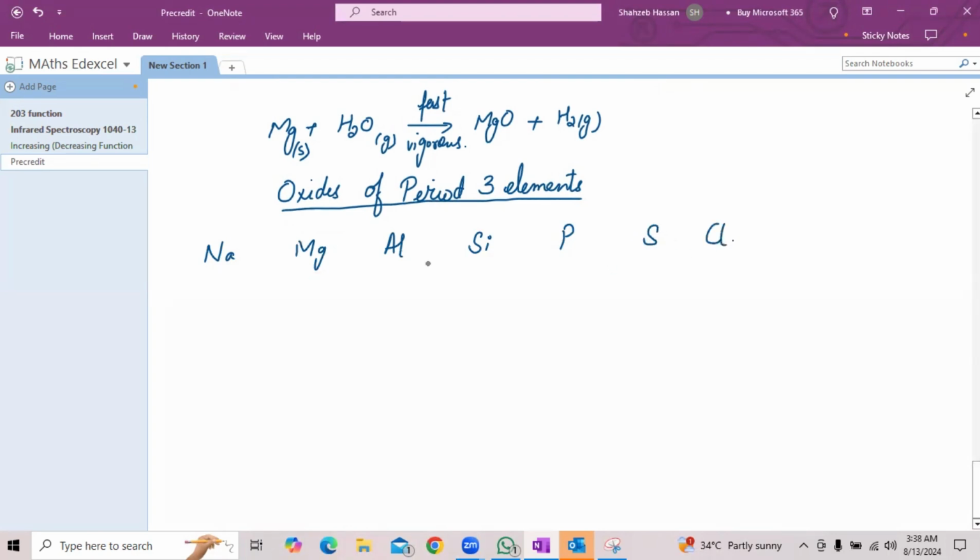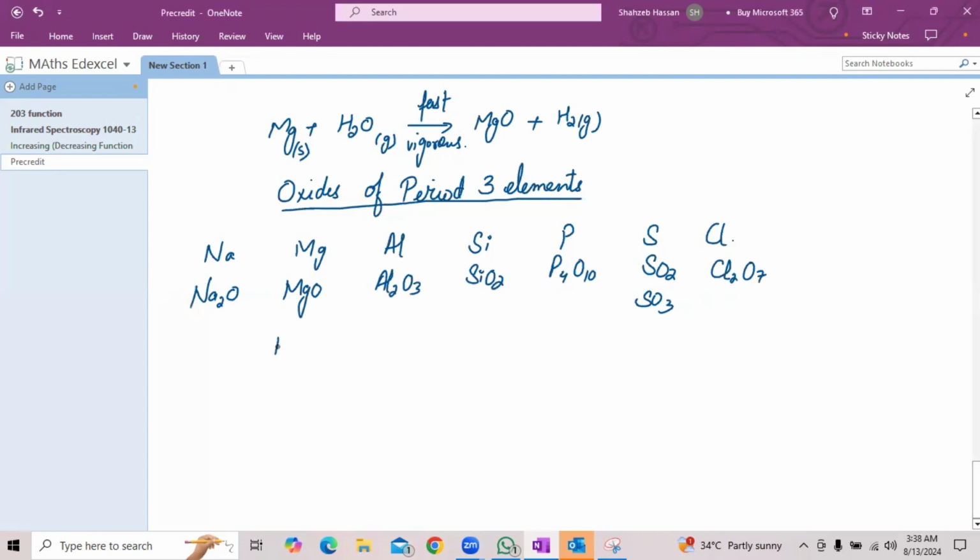Their oxides are sodium oxide, magnesium oxide, aluminium oxide, silicon oxide, phosphorus oxide, P4O10, sulfur dioxide or sulfur trioxide that we have discussed, and chlorine oxide.